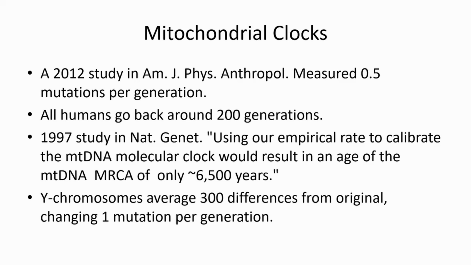Published in Nature Genetics: using our empirical rate to calibrate the mitochondrial molecular clock would result in an age of mitochondrial DNA, this is a study in humans, of 6,500 years. And then the next sentence is, but no one thinks this is the case. So what did they do? They changed the data. They matched it up with what evolutionists told them must be true about human evolution.